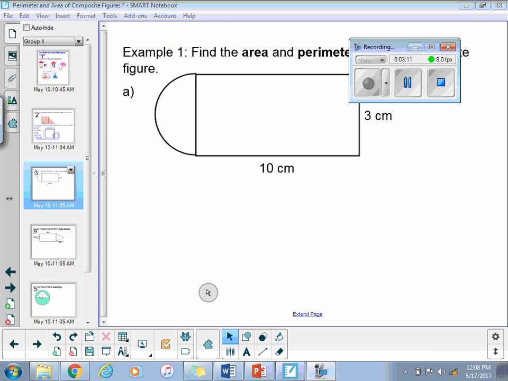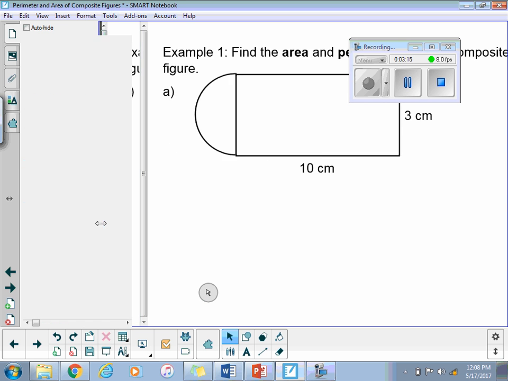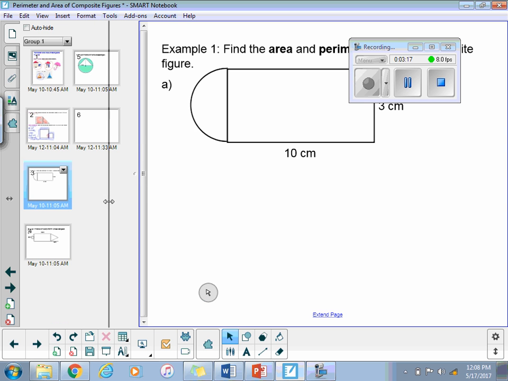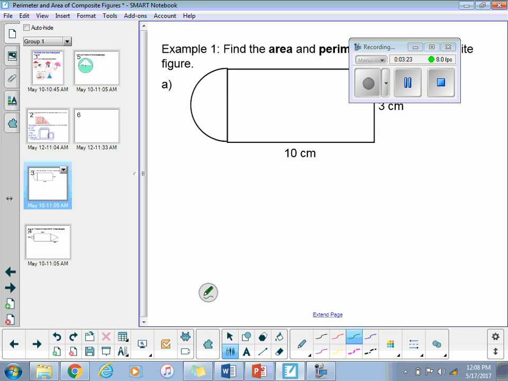So let's take a look at the first example, and you might want to take a look at your pink sheet that I gave you yesterday. When we take a look at this, we see that it's made up of two shapes. So we see a semicircle here, and we see a rectangle here.